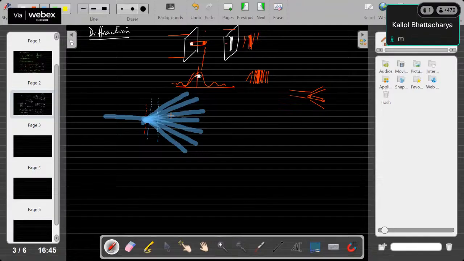But you see, beyond this region, all the diffracted orders are going in their different paths, okay.